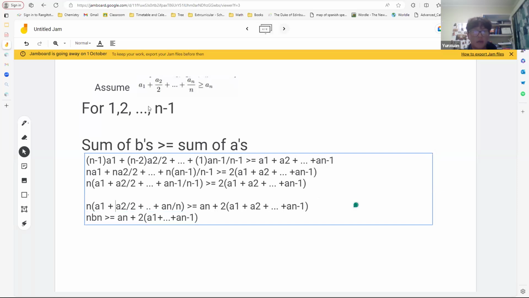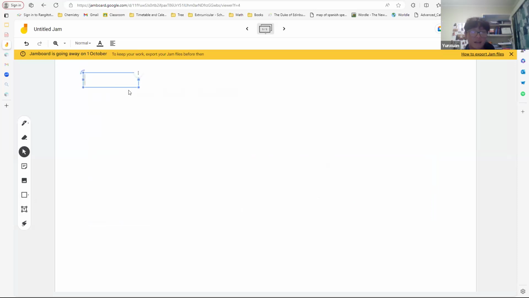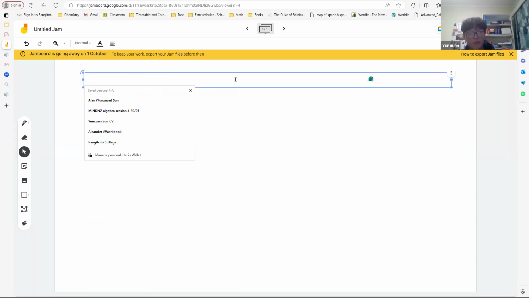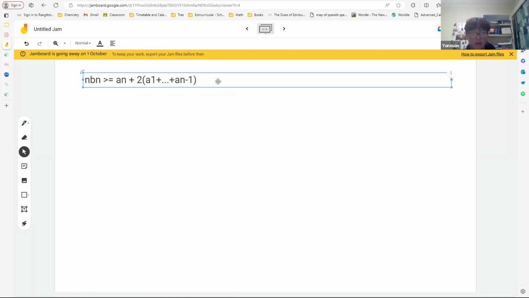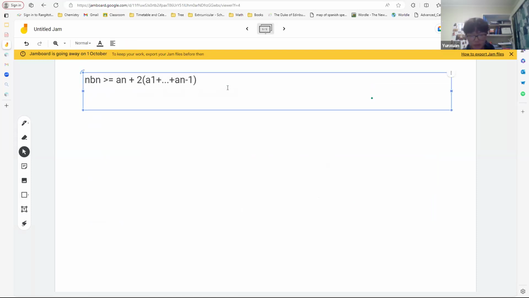So now the problem is nearly done. So n times bn is larger than or equal to an plus 2, the sum from a1 all the way to an minus 1.